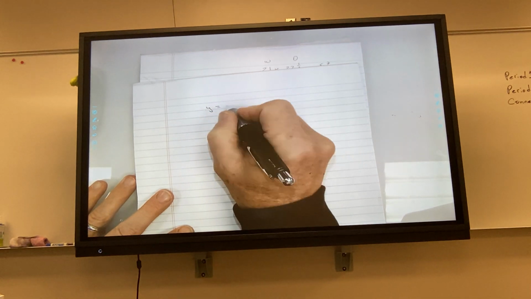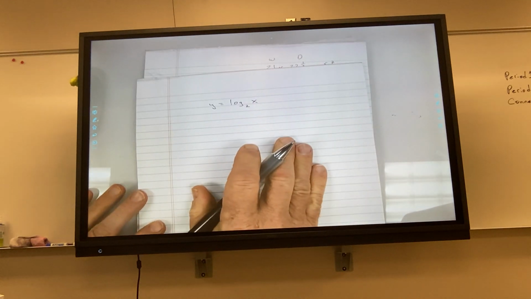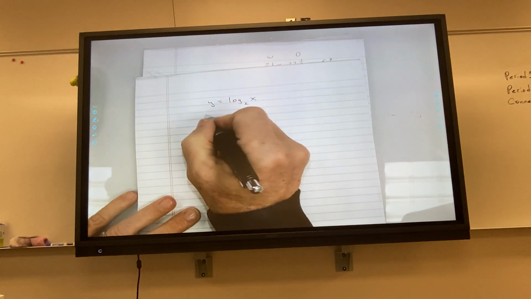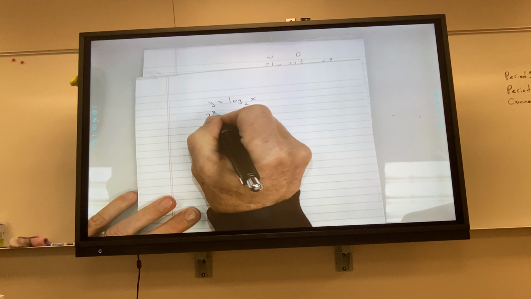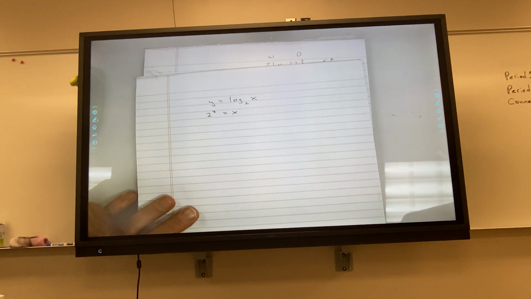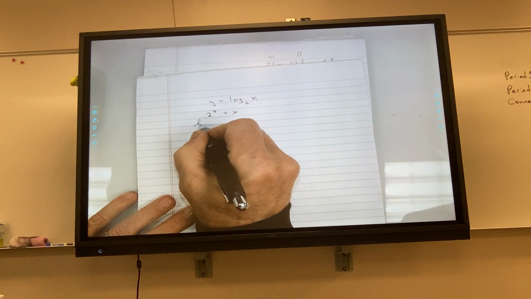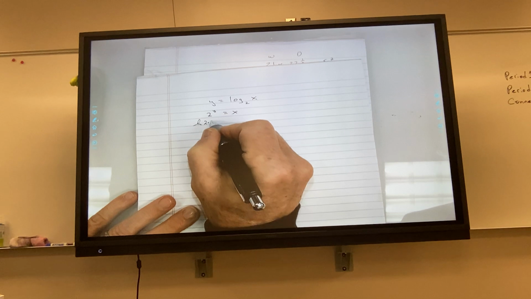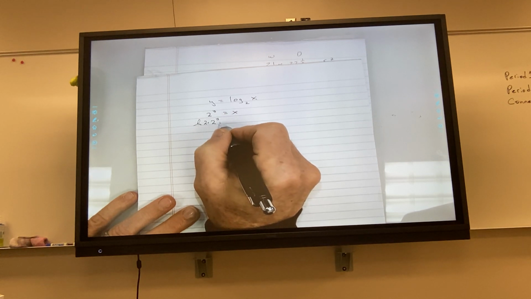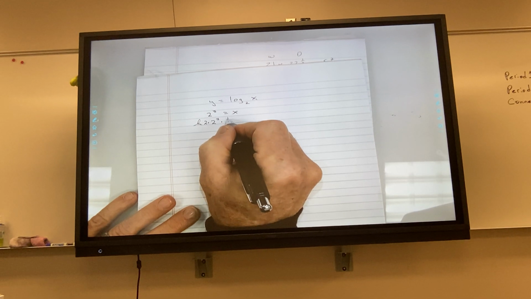y equals log base 2 of x. Okay? That means 2 to the y equals x. So if I take the derivative of this, I get the natural log of 2 times 2 to the y, right? Because I just did that with Maria, correct? Times dy/dx.